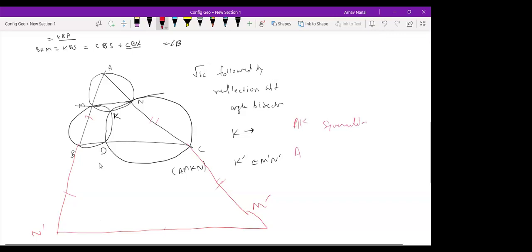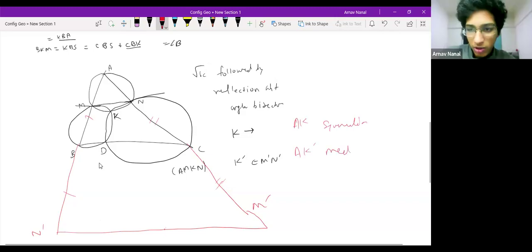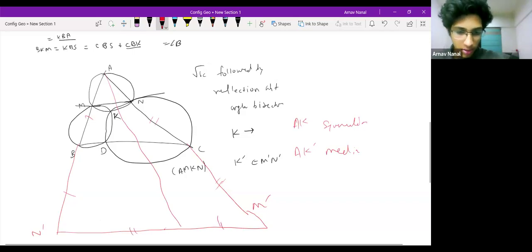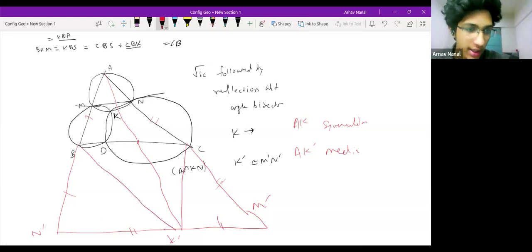So reflection across the angle bisector, AK dash will be the median. So that's just the median, and wherever it intersects MN, that will be the midpoint. So this is the reflection of A about the midpoint of BC. Right, so that's the parallelogram A, B, K dash, C.